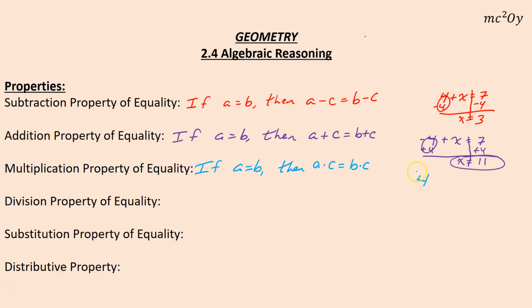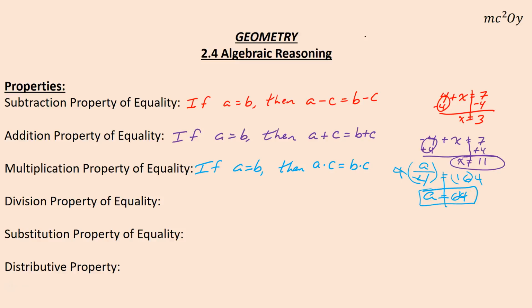Okay, you know what? I'm going to go ahead and use it there. A divided by 4 equals 16. All right, to solve that, I have to multiply both sides by 4. Okay, there and there. That is the multiplication property of equality. Hopefully that 4 is out of my system now.